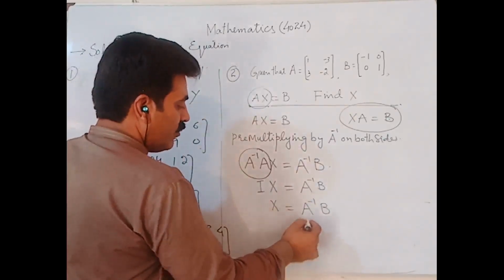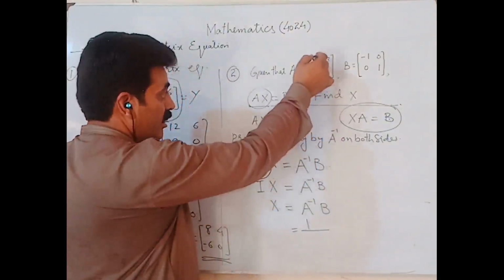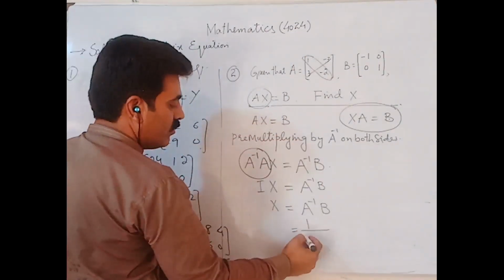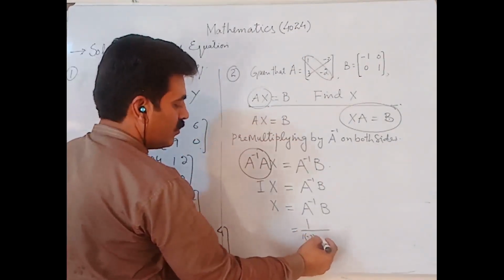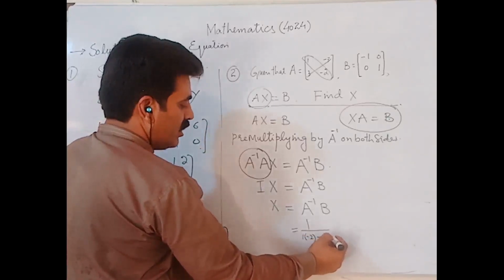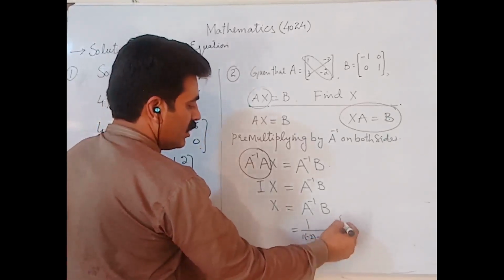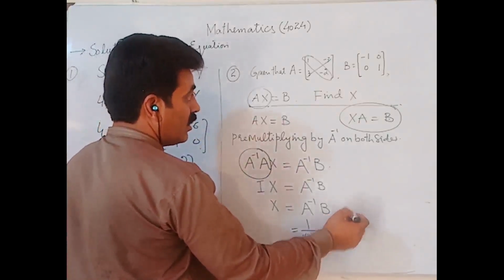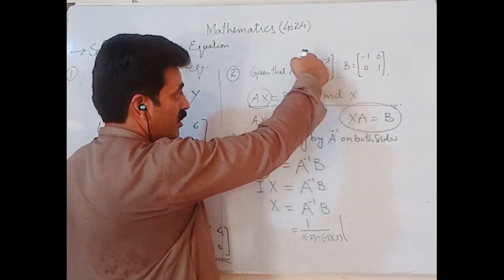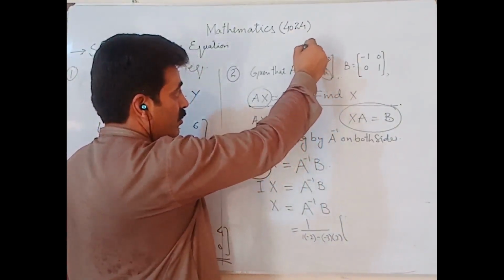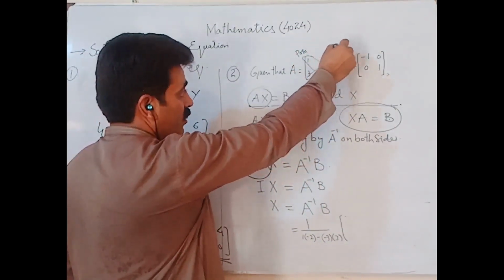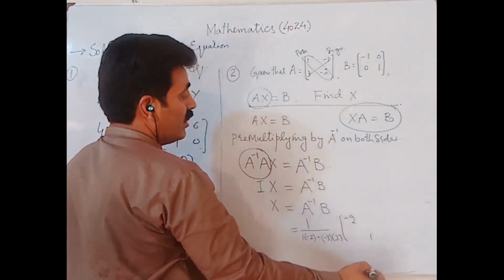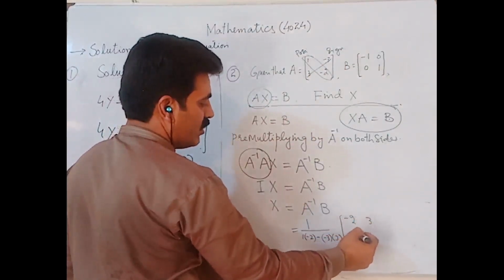So what is A inverse? 1 over (AD minus BC), that is 1 over (1 into minus 2 minus 3 into 3), into the adjoint of A, which is obtained by changing positions and signs. So you will write here minus 2, 1 and 3, minus 3.